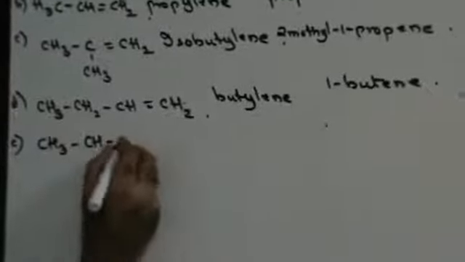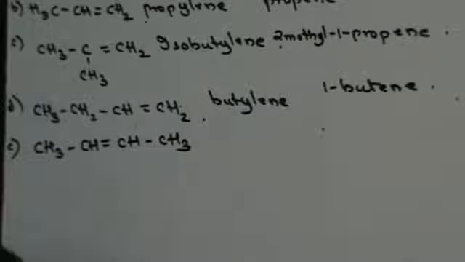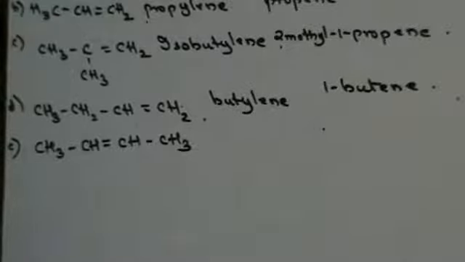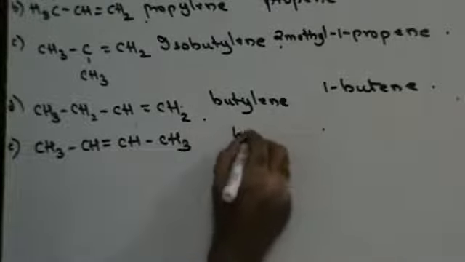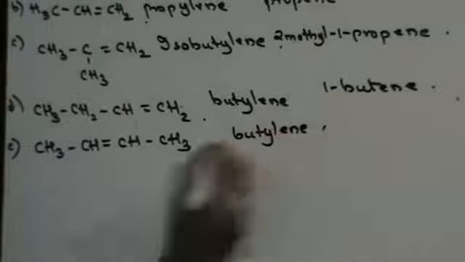Next, CH3, CH, CH, CH3. Right? Now, this here, let's see this. You have 4 carbon atoms, therefore but. Double bond, therefore ENE.